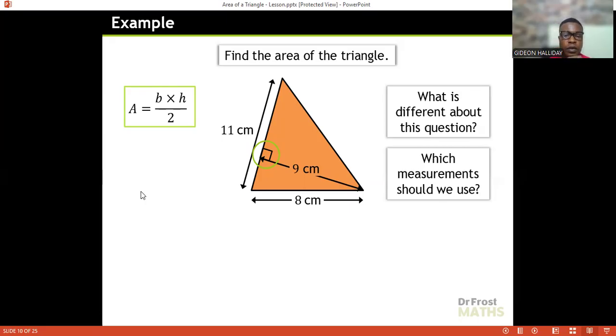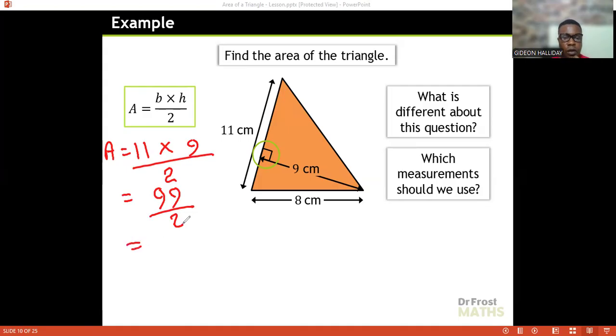So base times height. The base is 11 and the height is 9, divided by 2. So 9 times 11 is 99 over 2. Using the short bus stop method, how many twos can you find in 9? That's 4, remainder 1.